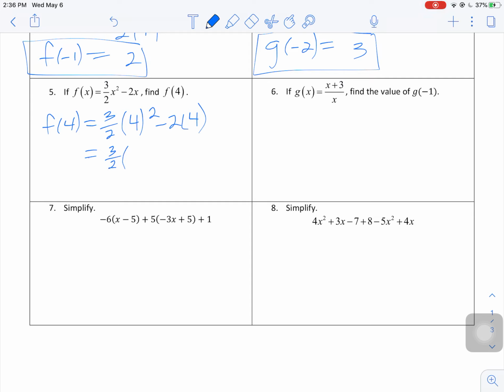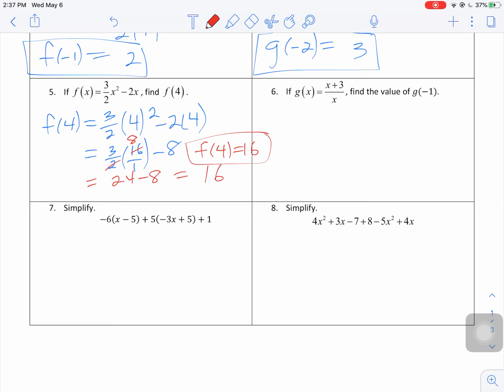So 3/2 times 16 minus 8. And then to make your life easier, think of the 16 as 16 over 1. And then if you want to, you could reduce. 16 divided by 2 is 8. So then in the front there, 3 times 8 is 24. 24 minus 8 is 16. So f of 4 equals 16.